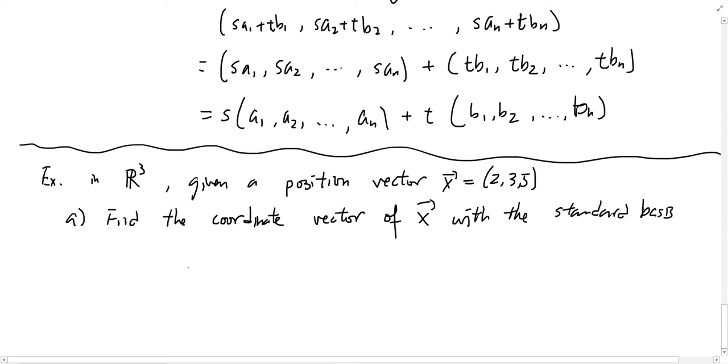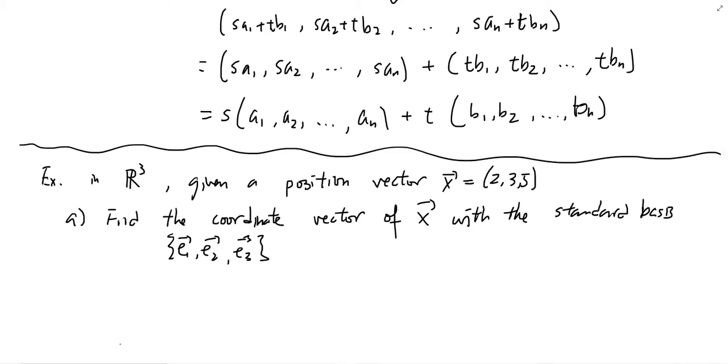You probably remember that the standard basis in this case is E1, E2, and E3. One of the advantages of the standard basis is that, when applied to a position vector, it gives you the position vector as the coordinate vector. It is the only basis that we know where the position vector is actually equal to the coordinate vector. Any other basis would not do that.